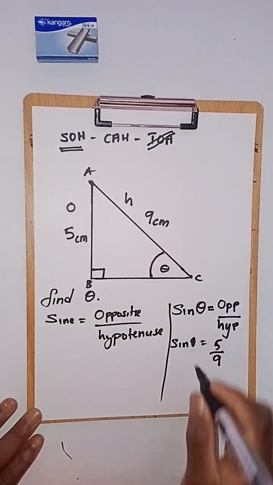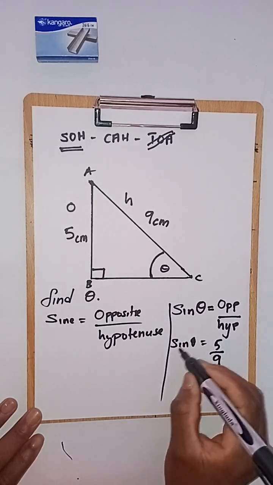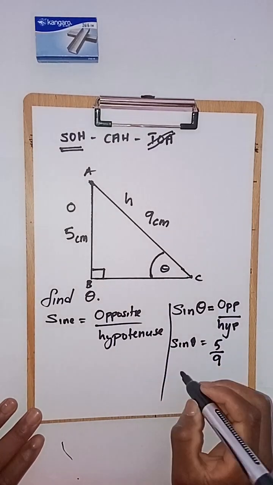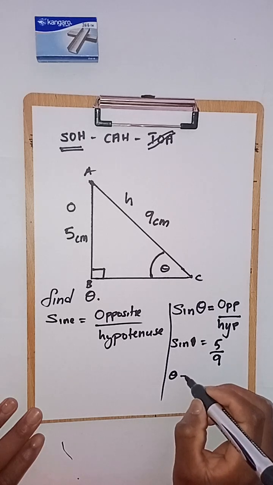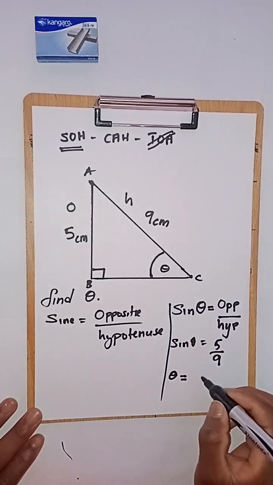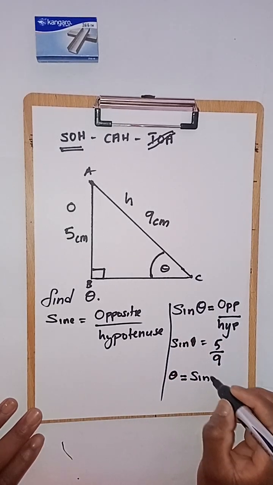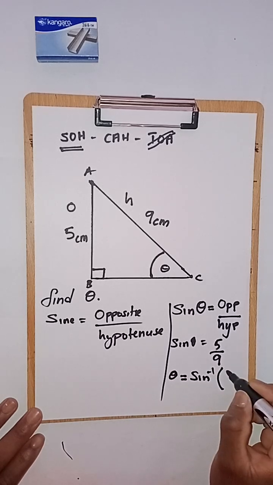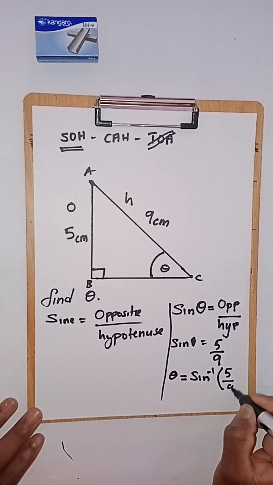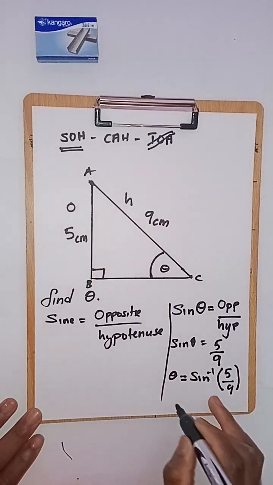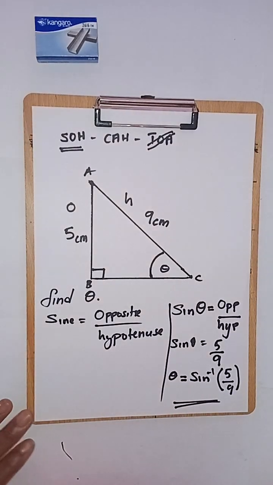Because you are looking for theta, the sine will change into an inverse. Theta is equal to sine inverse of 5 over 9, just like that.